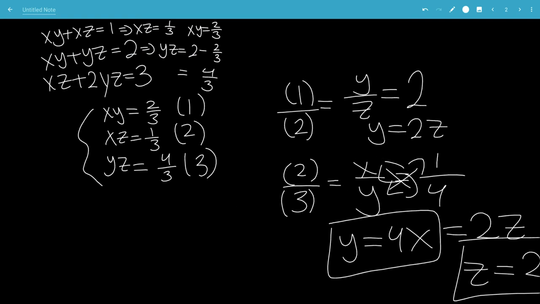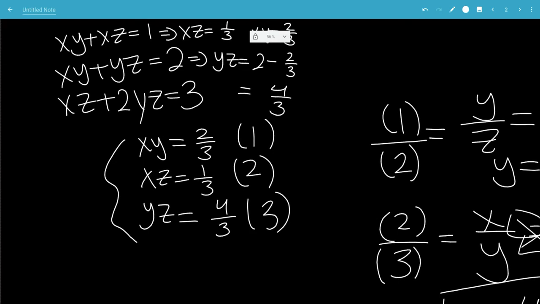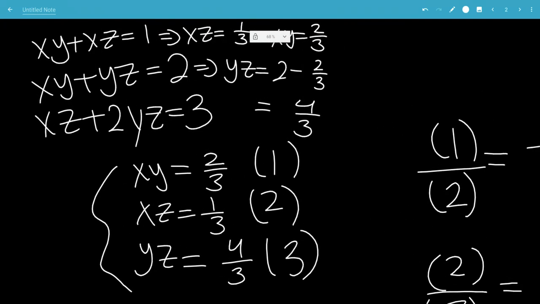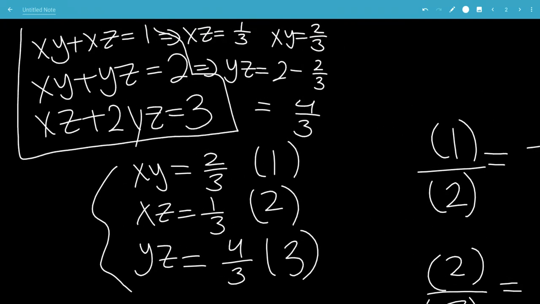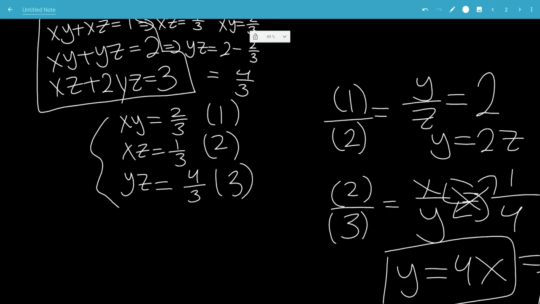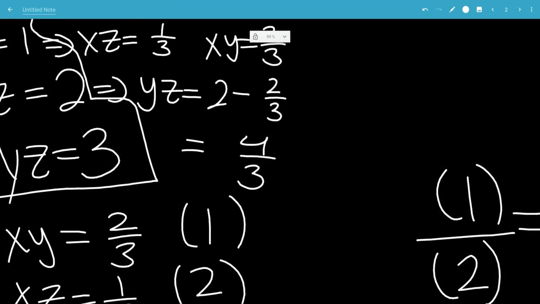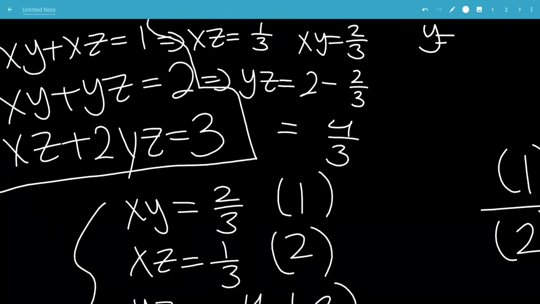Going back to the original equation, we have that y equals 4x and z equals 2x.